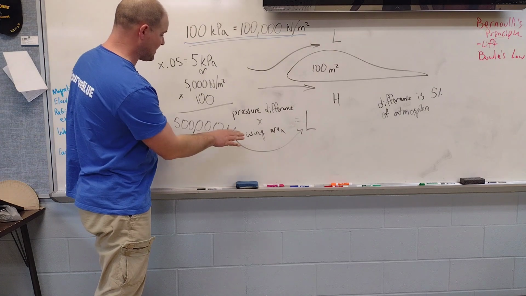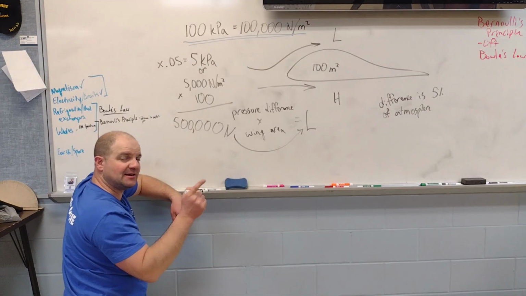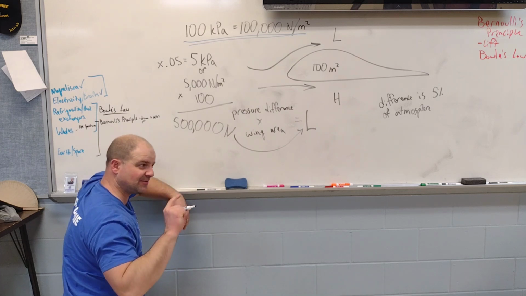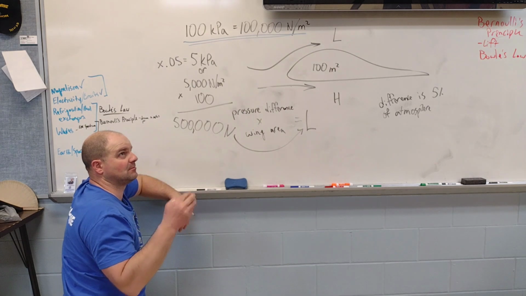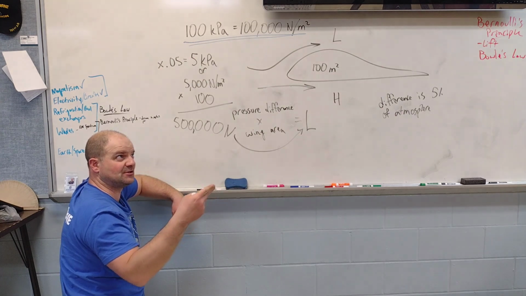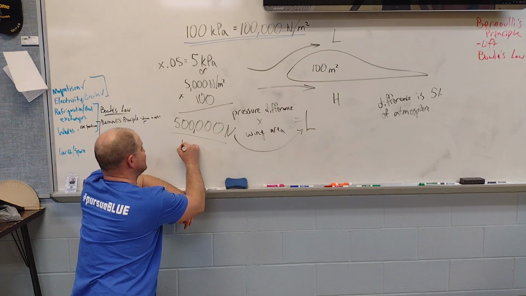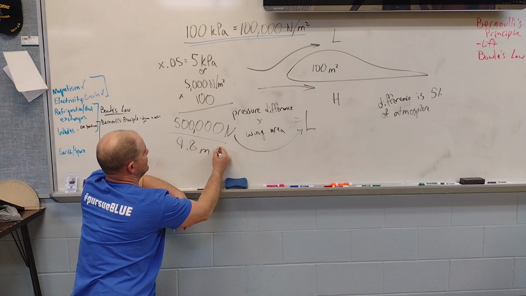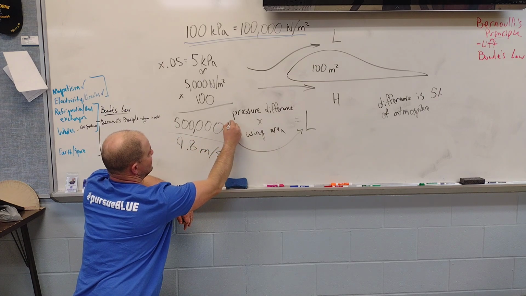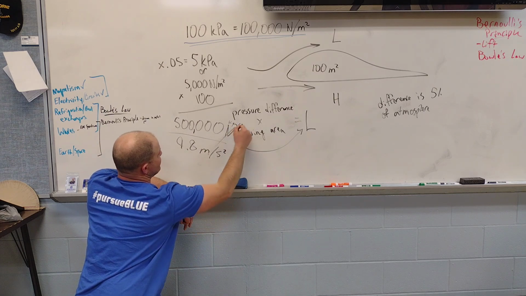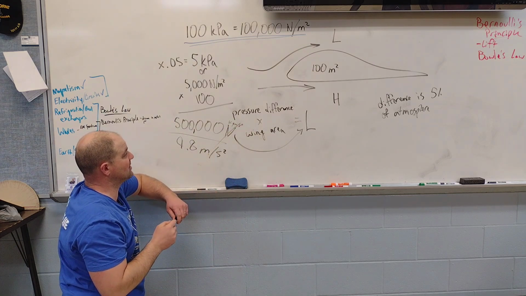We'd take the 500,000 newtons divided by 9.8 meters per second squared, because that's acceleration due to gravity near Earth's surface, and a newton is equal to kilogram meters per second squared, right? So we can divide out the meters per second squared and be left with just kilograms.